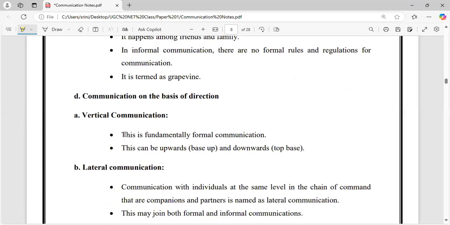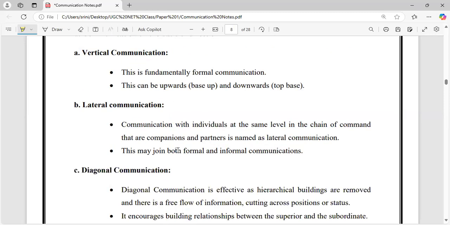Vertical communication is fundamentally formal communication. This can be upward and downward. For example, a circular from the principal is downward communication. If I am giving feedback or suggesting something, then it is upward communication.